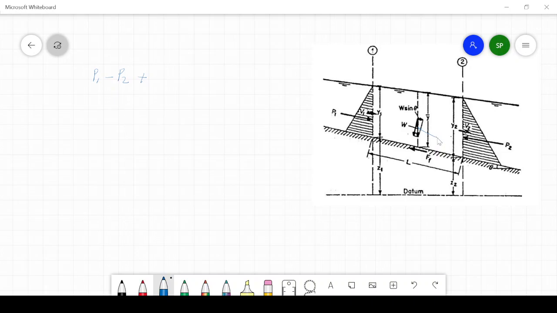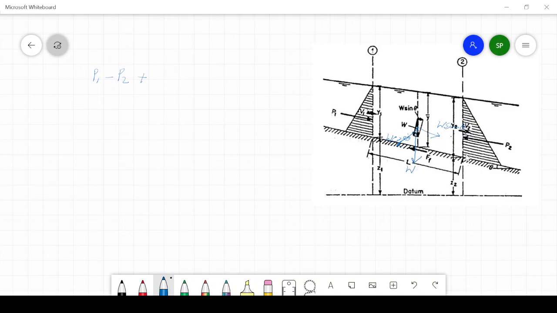One component relevant to your weight along the flow, that is W sin theta, where W is the weight of the body, and perpendicular to this, W cos theta, and this is your W.